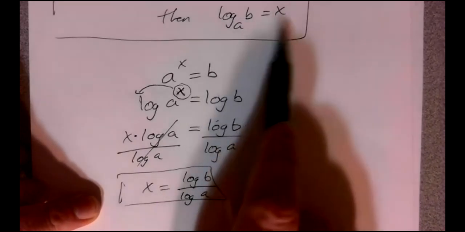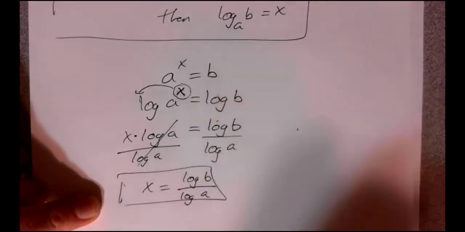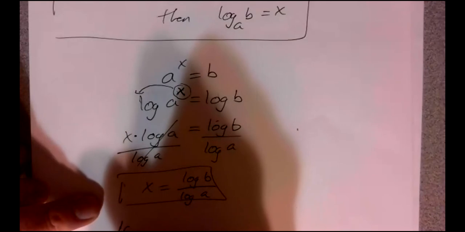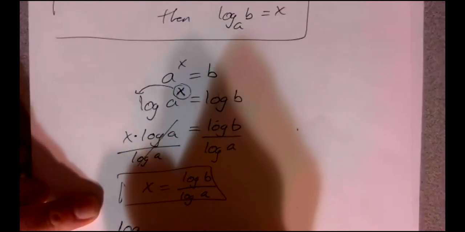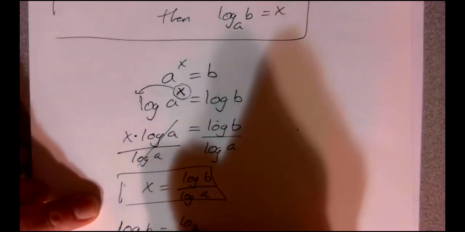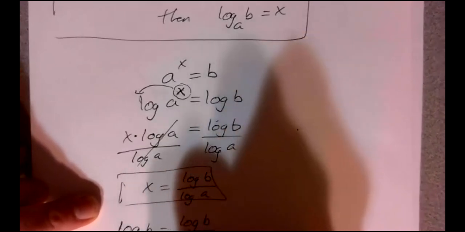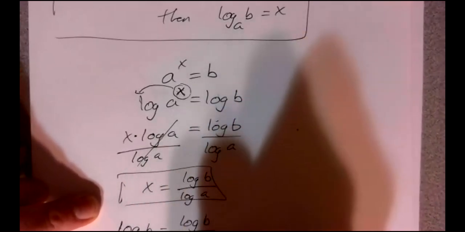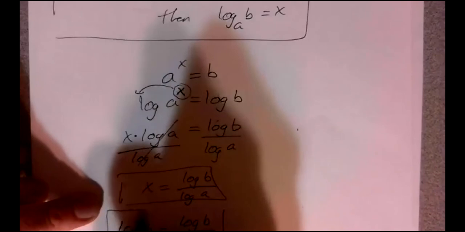Well, if this equals x and x equals that, then that must be that log base a of b equals log base 10 of b divided by log base 10 of a.